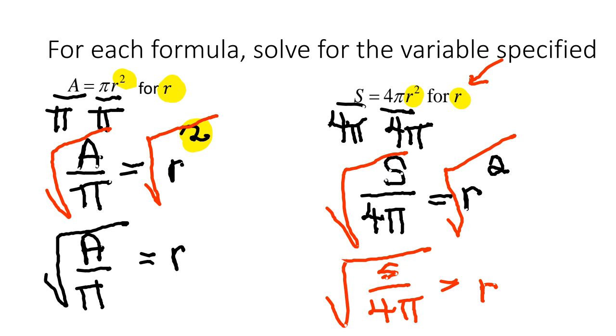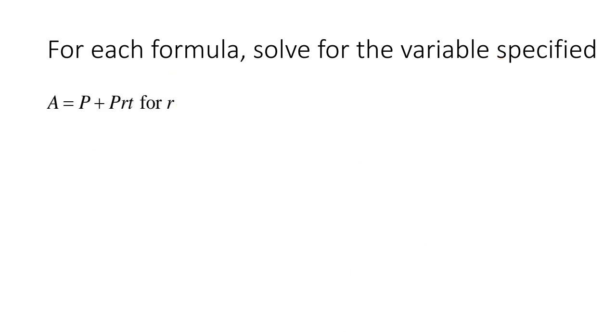Now, the next slide sometimes is more difficult than you want it to be, but hopefully it won't be. First off, this is asking you to find r. And notice r's right there.